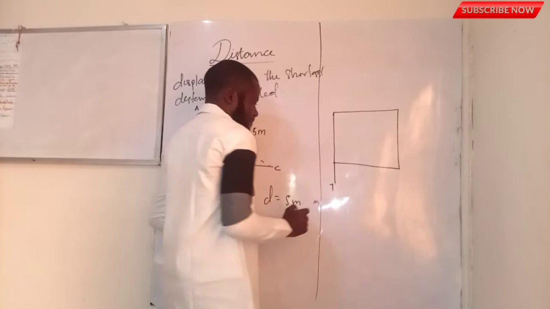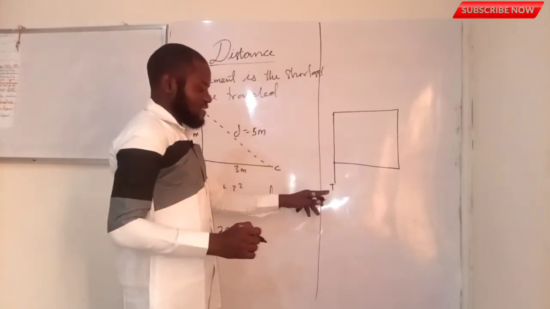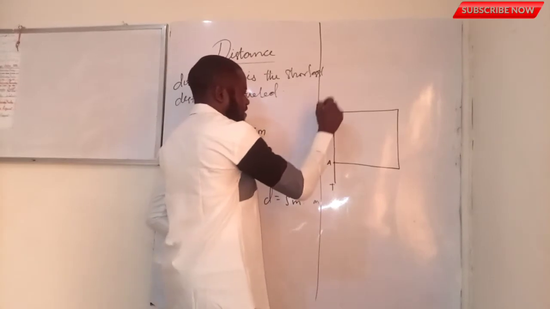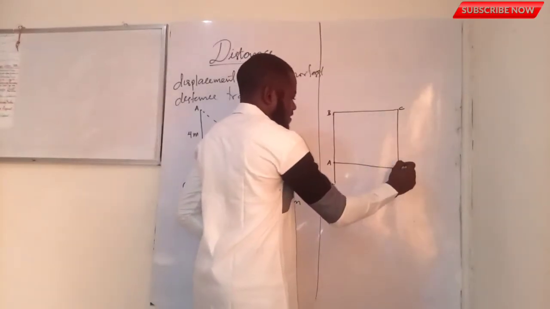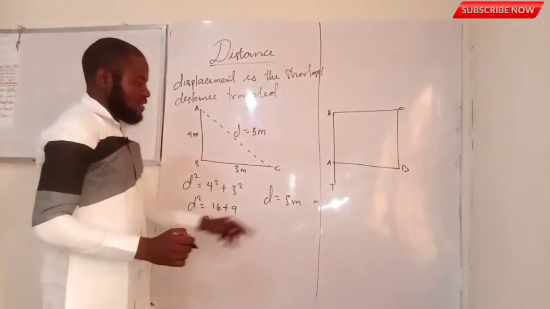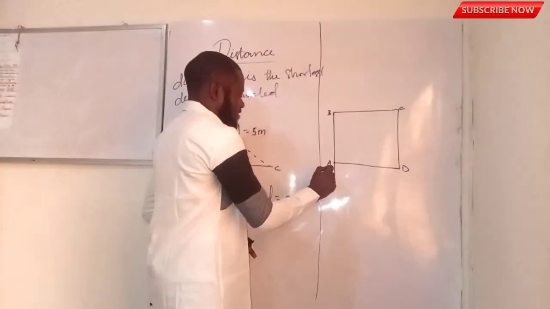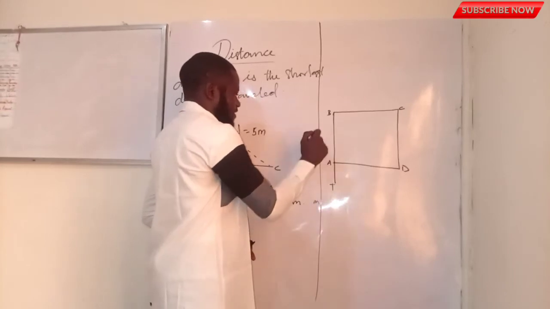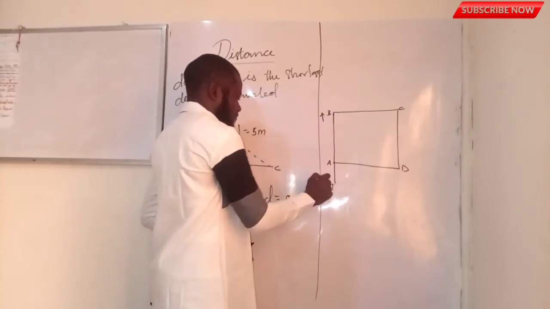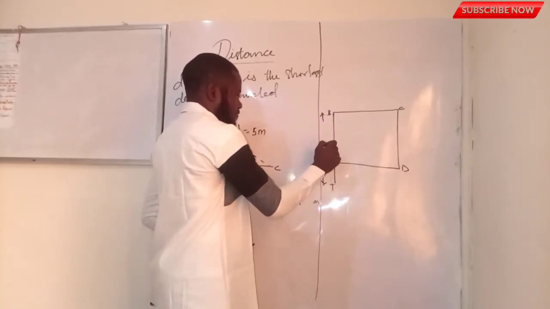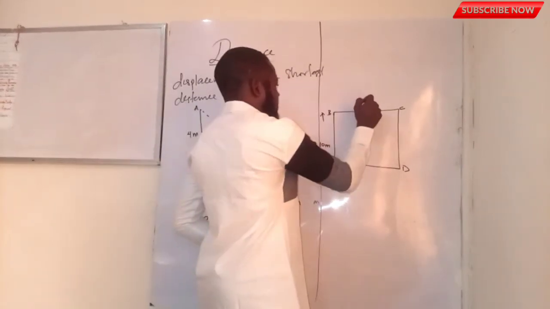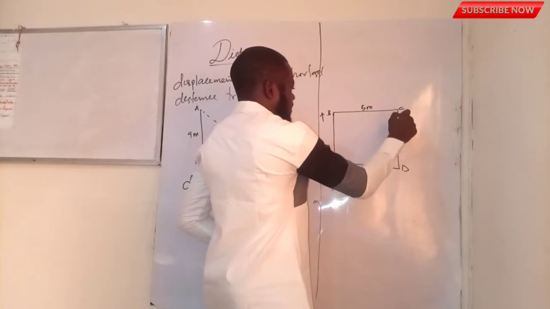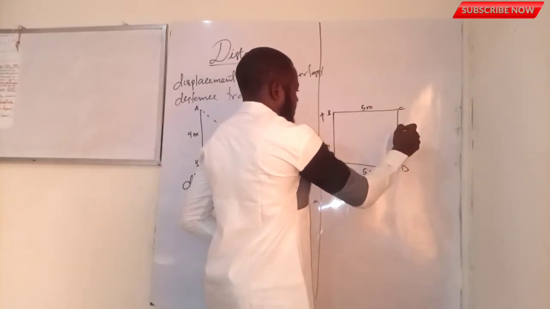If this is T, and this is A, this is B, this is C, and this is D. Let's say from this point to this point here, it's 10 meter. And from here to this place, let's say 5 meter. Here is also 5 meter. And here, let's say 6 meter.